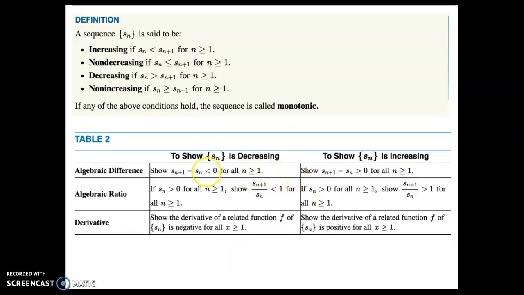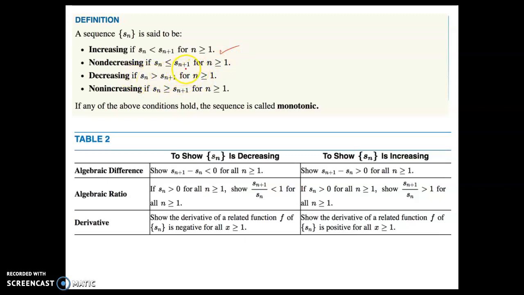So right now we're going to talk about an increasing sequence. A sequence is said to be increasing if S of n is less than or equal to S of n plus 1. That means S of n plus 1, the term of the sequence, is always greater than this term. This is going to be an increasing sequence.